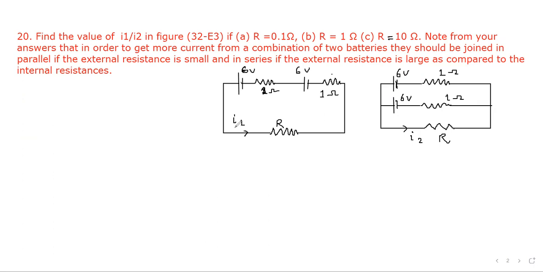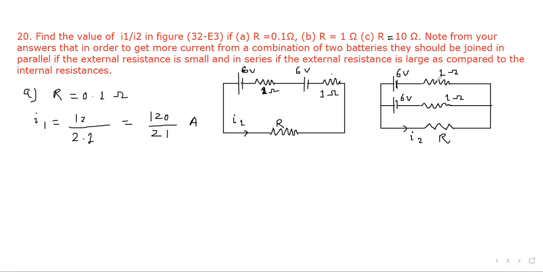For this purpose, let's calculate I1. Case 1, when R equal to 0.1 ohm. So I1 will be total voltage, that is 12, divided by total resistance 2 plus 0.1, that is 2.1, or 120 upon 21 ampere.